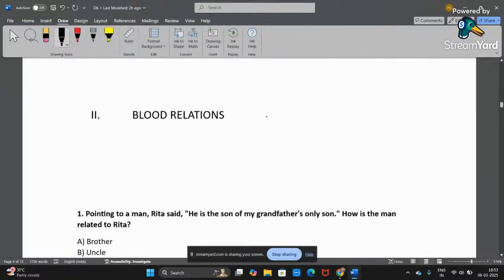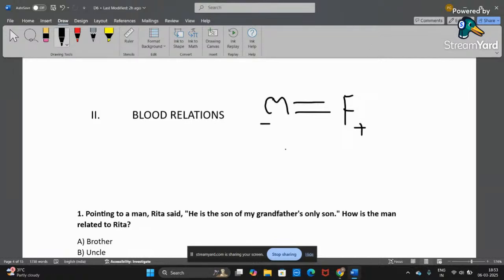See, mother, father, their relationship, let us indicate with this symbol, equals. For women we will indicate with subtraction, and for men we will indicate with plus.